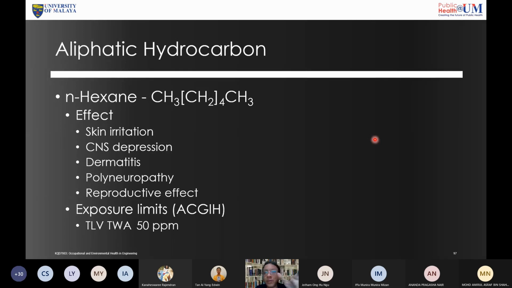We use N-hexane to preserve the tissue so that we can stain it and see the effect of tumors or things like that from the tissue itself. N-hexane's effects cause skin irritation, CNS depression, dermatitis, polyneuropathy, reproductive effect. The exposure limit is TLV TWA 50 parts per million.